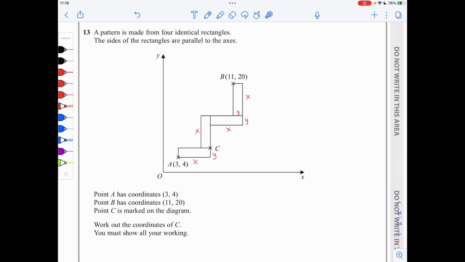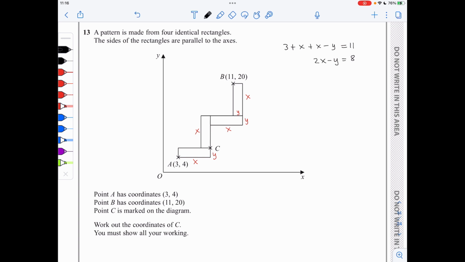If we consider the horizontal movement, it's going to be x and another x and then minus y, because I come back, to go from 3 to 11. So as a starting point, 3 plus 2x minus y is 11, which leads to 2x minus y is equal to 8.